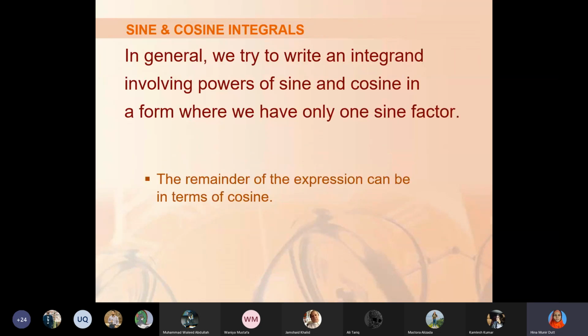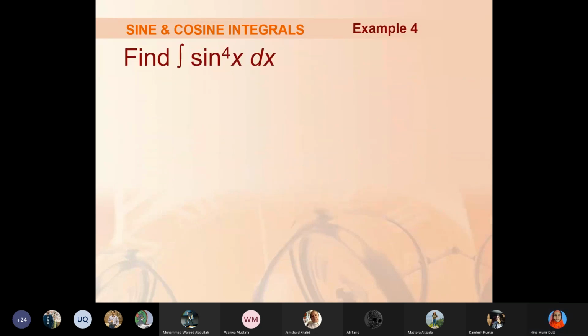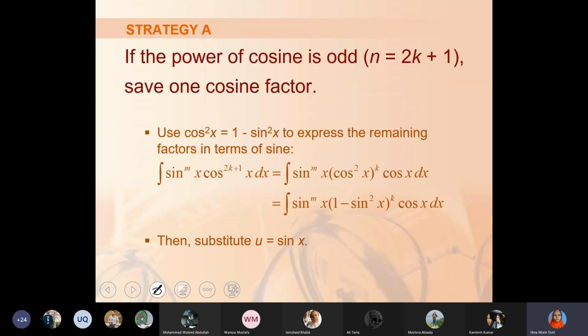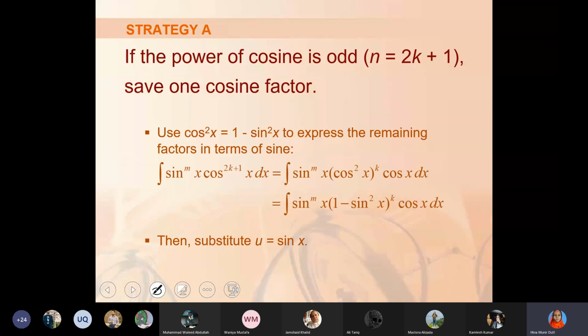And we learned two strategies, basically three strategies. That is, if we have to integrate a product of sine and cosine, then how to integrate depends on the powers of sine and cosine. Strategy A: if the power of cosine is odd, we save one cosine factor and express the remaining in terms of sine.